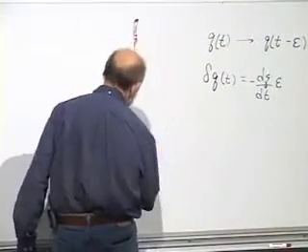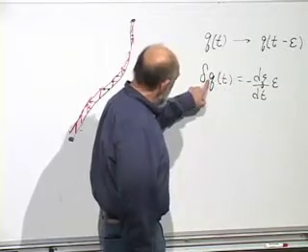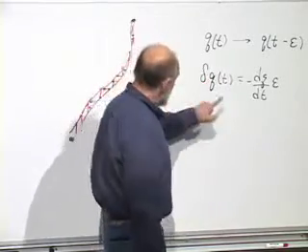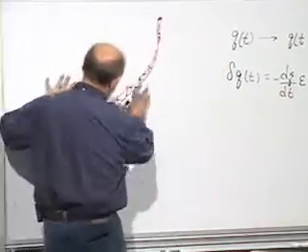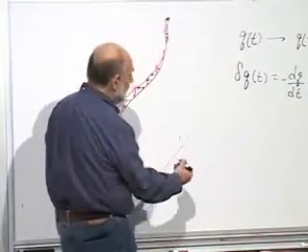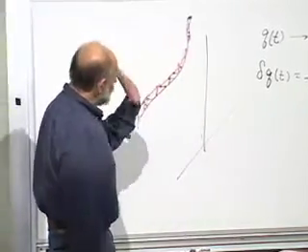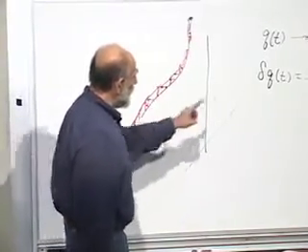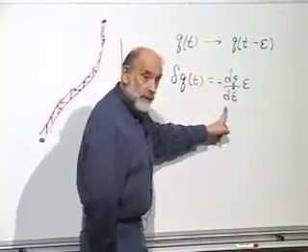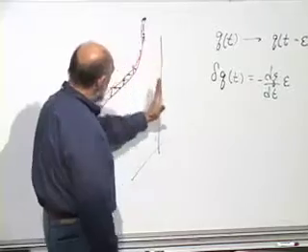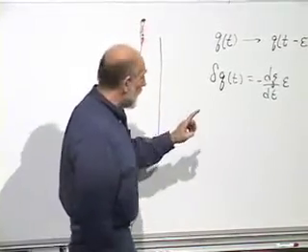Supposing, for example, notice first of all that what it says is that the change in q, the little displacement, is proportional to the time derivative of q. If there was no time derivative, that would mean that the trajectory was perfectly vertical. If the trajectory was perfectly vertical, then there would be no time derivative, dq/dt would be equal to 0, and shifting the trajectory up and down would not shift it horizontally at all.